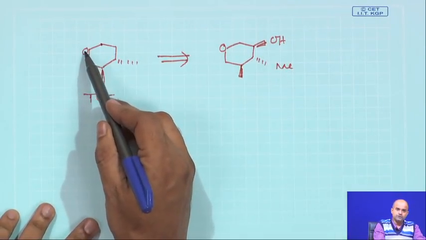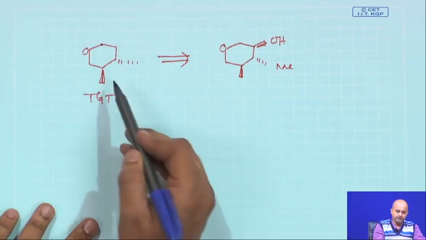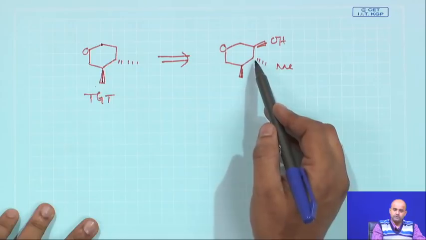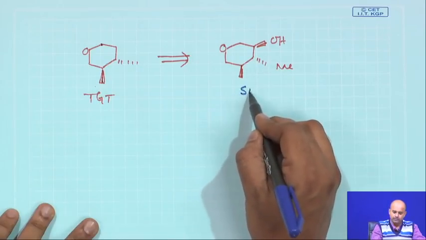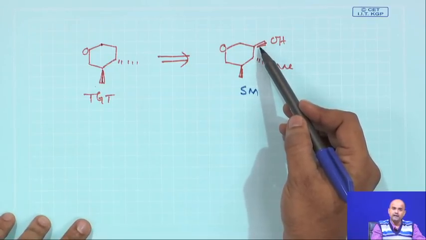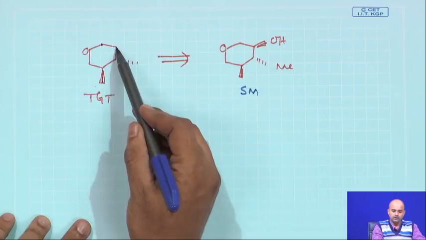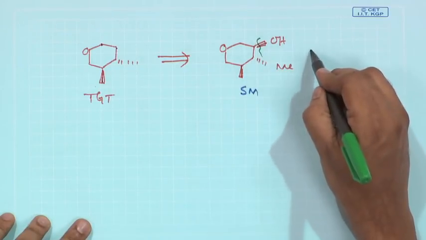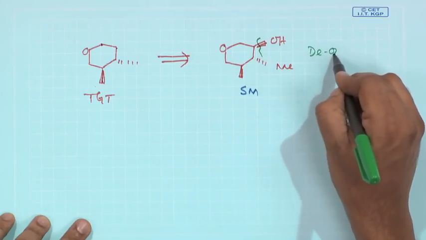It has an oxygen ring, a tetrahydropyran ring, and it has 2 methyl groups tied to each other. The starting material which was also supplied to you has an alcohol functionality here. So, if you can remove this alcohol, that will basically give you the carbon-hydrogen bond. So, in reality you need to do a deoxygenation reaction.